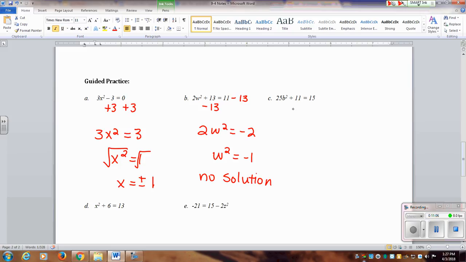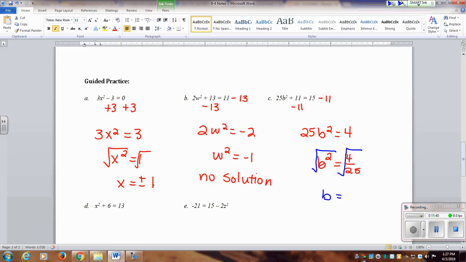Okay, here is our problem C, so pause if you haven't done it. Okay, and let's go ahead, subtract 11 from both sides, and we get 25b squared equals 15 minus 11, which is 4. Divide both sides by 25, and we get b squared equals 4 over 25. Then we take the square root of b squared and the square root of 4 over 25, and that leaves me b.